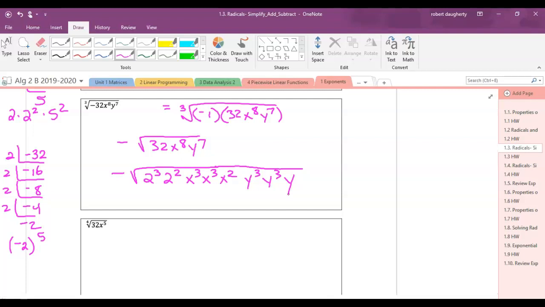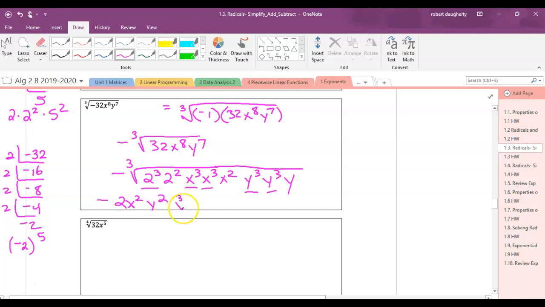The reason I do this is because I'm taking cube roots. So don't forget that, cube roots. So everything that's a perfect cube will come outside of the radical, okay? What's the cube root of 2 cubed? That's 2. What's the cube root of x cubed? That's x, and I got 2 of those. What's the cube root of y squared? That's y, and I've got 2 of those.